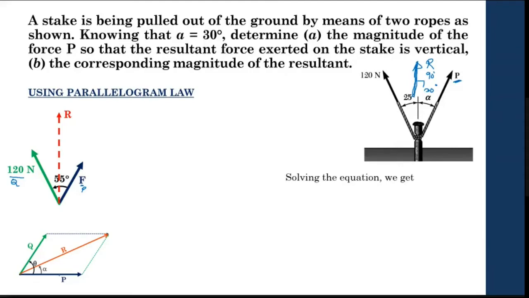So in that case, what values are given? Can you tell me? Your Q is given, which is 120 Newton. P is not given, which you have to identify. R is not given, which you have to identify. Is there any other data given? Theta is 55, sir. Yes, theta is given, which is 55 degree.